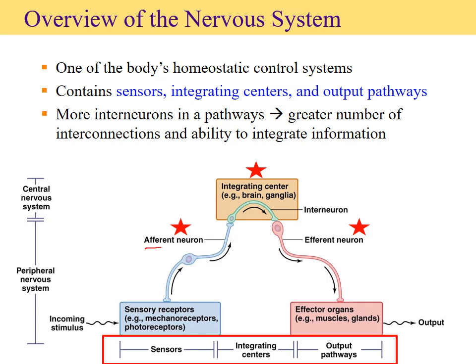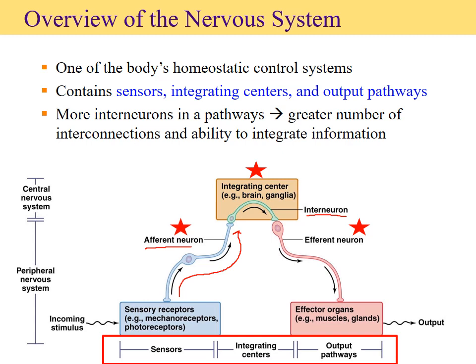You have the afferent neurons, which are responsible for receiving the stimulus from the sensory receptors and passing it along to the integrating center, where they will meet the interneuron. And the interneuron is almost like a little synaptic bridge, a connecting point. It allows the afferent neuron to bridge into the integrating center.